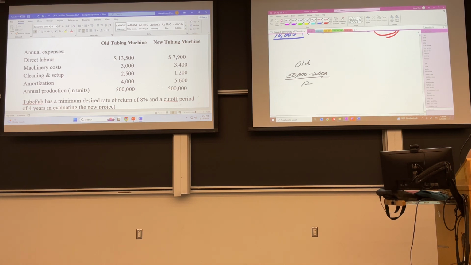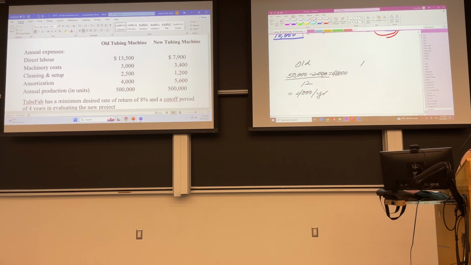Divided by 12 years. You know why 12 years? 10 more years to go, you only use the machine 2 years. Altogether, 12 years. 48,000 divided by 12, 4,000 a year. That's how we figure out 4,000 amortization.